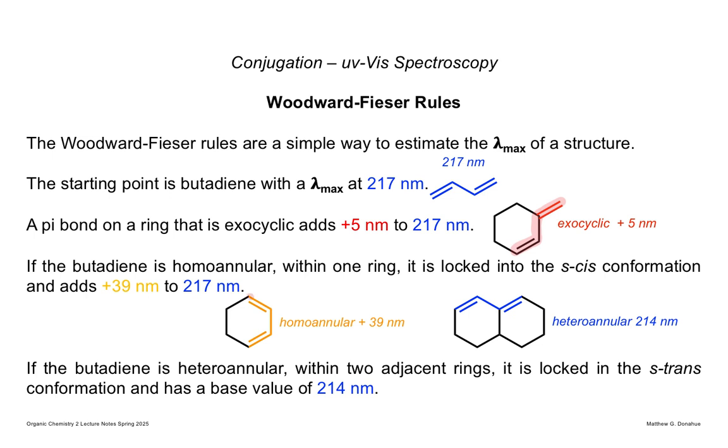If the diene is locked together, so that would be like the s-cis, that's called homoannular, and you add 39 nanometers to the 217. If you're in the s-trans, this is called heteroannular, and you're starting at 214. So let me just write these words down here. So s-cis, s-trans.